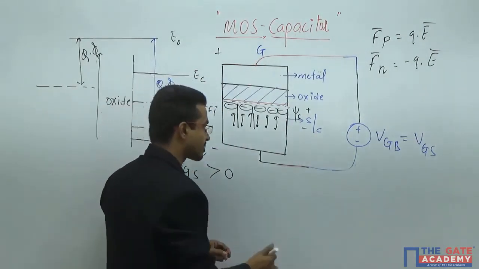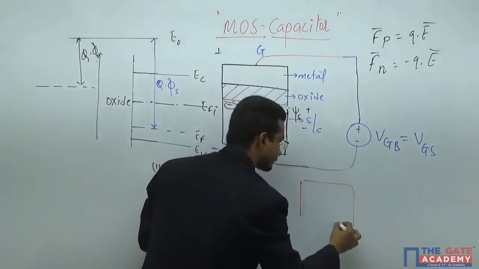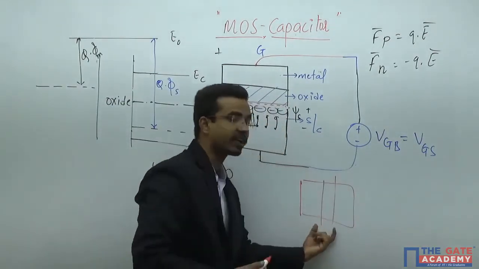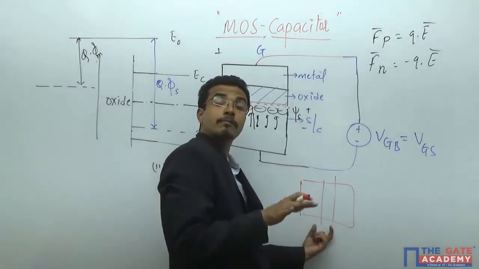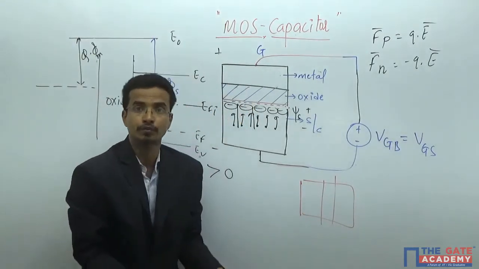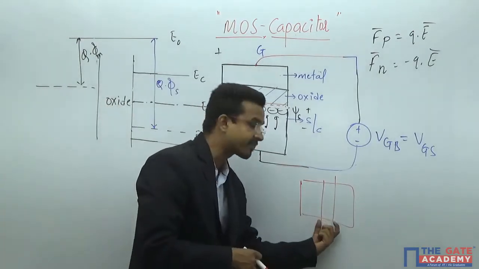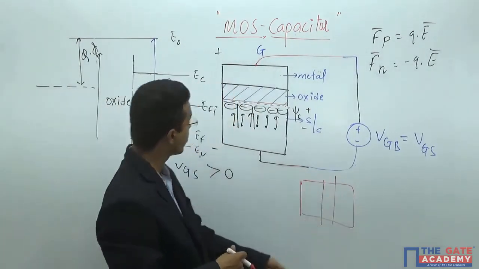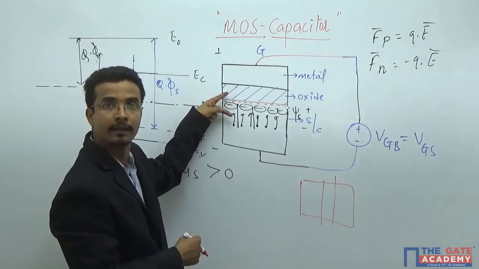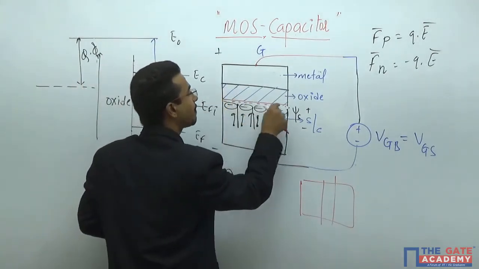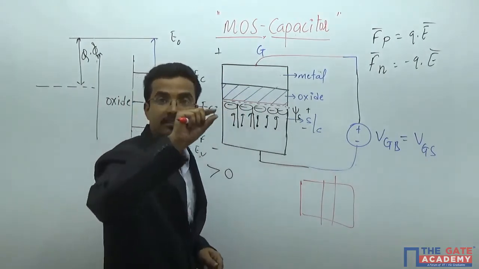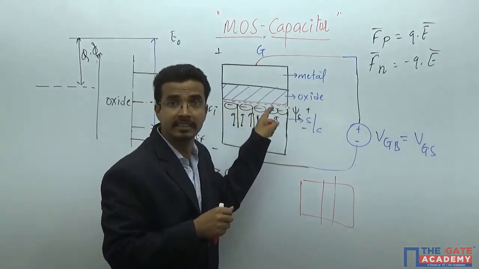That is why you have studied that in the p-n junction, at the depletion region, you are storing positive and negative charges which are immobile and cannot move. That is why you get the capacitance in the depletion region. The same thing will happen here, but additionally you have trapped these charges near the interface, and these are the mobile charge carriers.